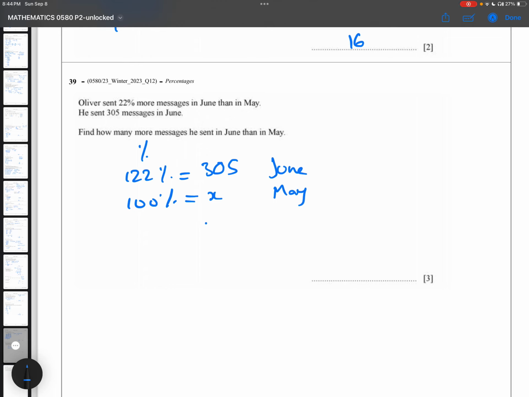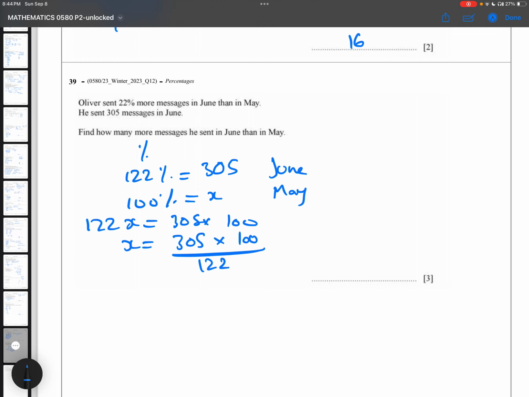So I will cross multiply over here in order to get x. 122 into x is 122x, and 305 multiplied by 100. Now 122 is being multiplied over here. If I shift it over here, it will be divided with the product of 305 and 100.